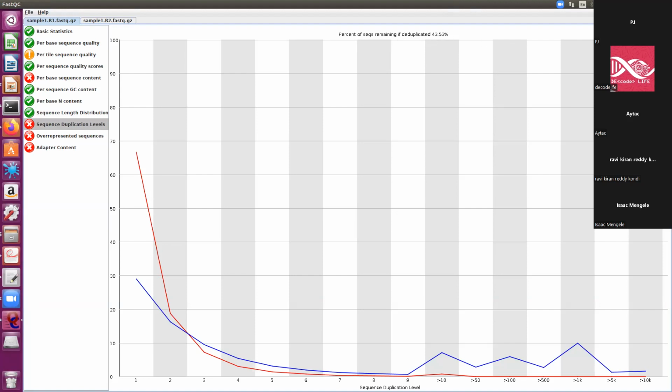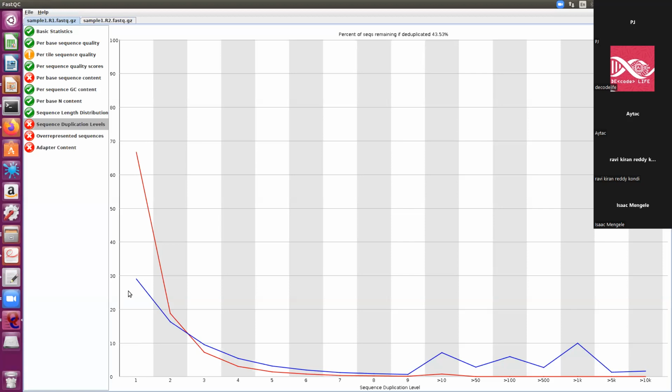How is it calculated? The deduplication, that the total sequence, what was the total sequence? This blue line shows the total sequence. Based on the sequence duplication level, it is plotting from 1 up to the maximum duplication level. Majority of the sequences are duplicated only once, so this blue line is high here, and the red region shows the deduplicated sequences.